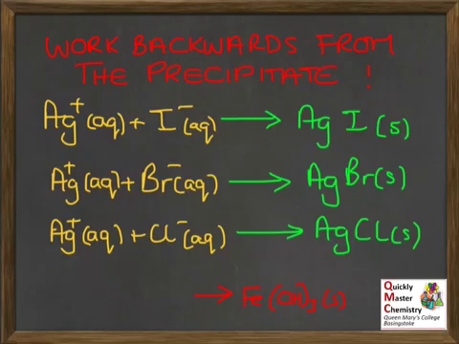Now, this does require you to have remembered, as you should have done, that the hydroxide ion is OH-, and so with 3 of them in the formula, the iron ion must have been Fe3+. So we can unpack this product to give Fe3+ (aq) and 3 OH- (aq) as our reactants.